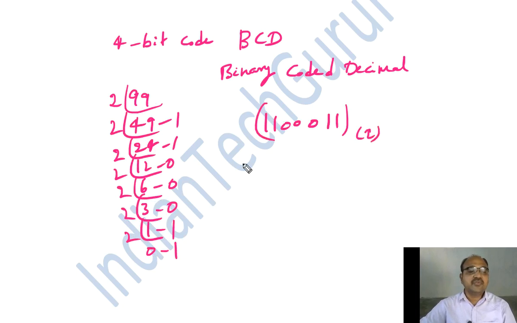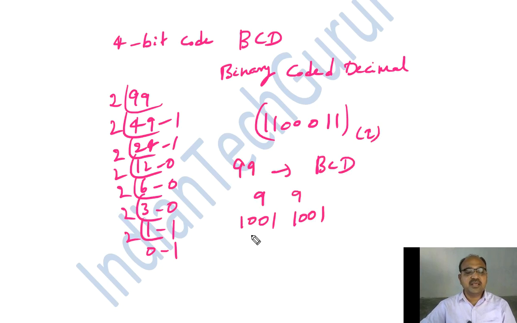However, if we convert 99 into BCD, binary coded decimal, how are we going to represent it? We give the BCD code for 9 and the BCD code for another 9. That is 1001 1001.